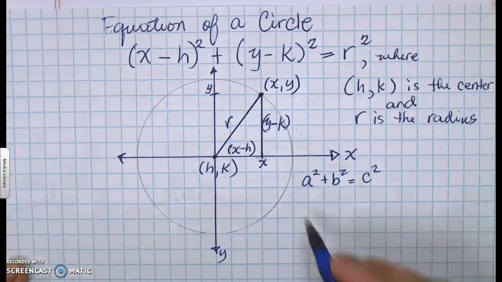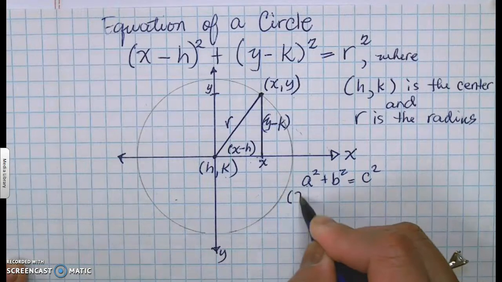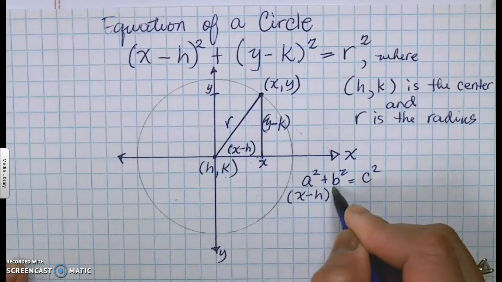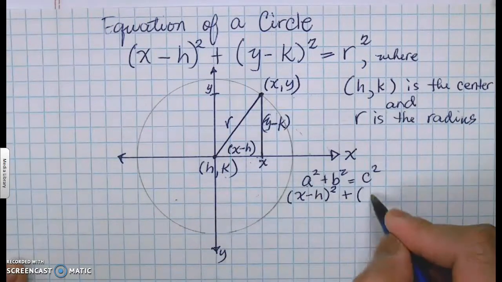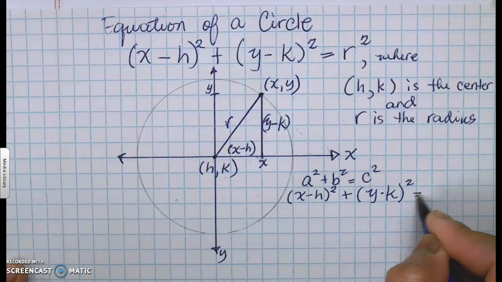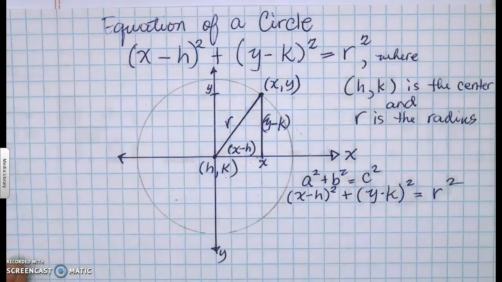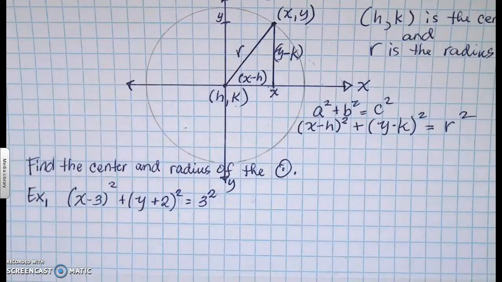So our a is x minus h, squared, plus your b, y minus k, squared, equals r squared. Therefore, that's the equation for the circle. Okay, so now let us apply our equation to some exercises.